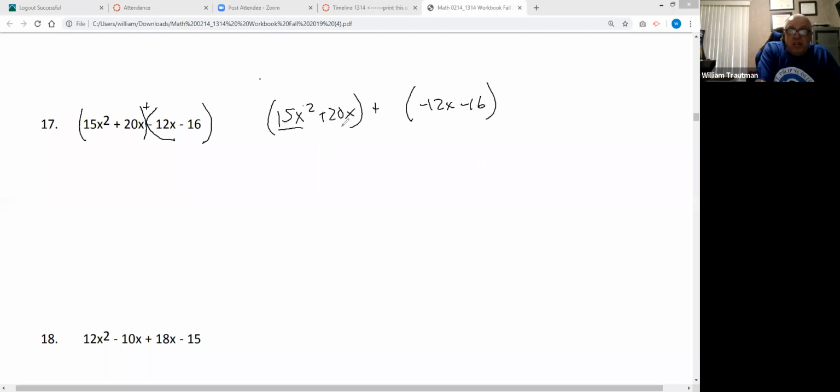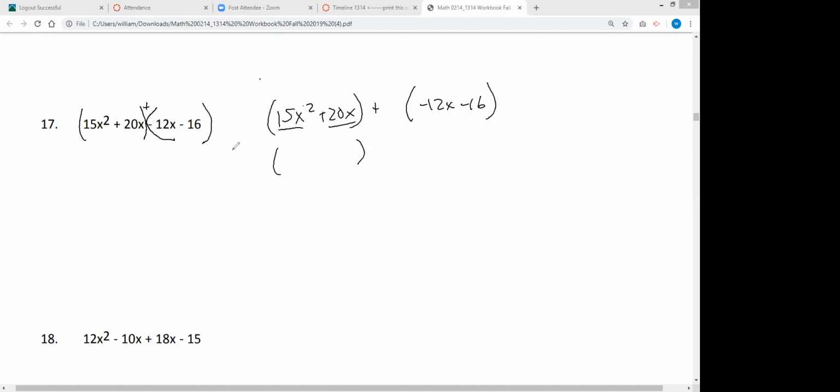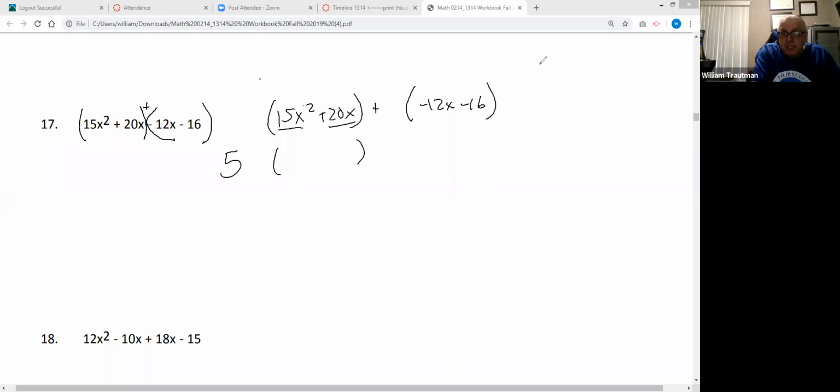What number divides into 15 and 20? What is the largest number that divides into 15 and 20? 5. Thank you. I am looking at the chat box also. And what is the lowest power x that factors out?